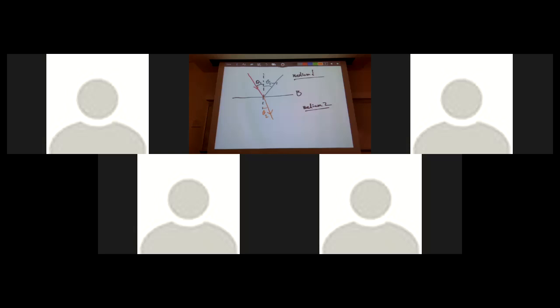So let's talk about each one of these guys. The first one, let's talk about when it happens on reflection. The law of reflection says that theta 1 is equal to theta r.